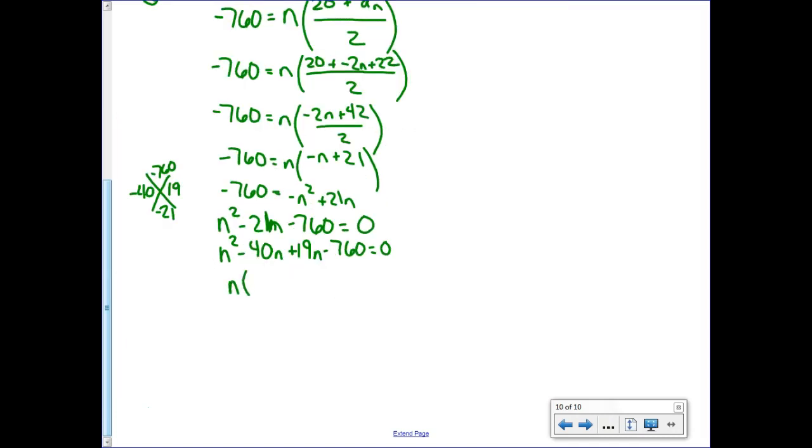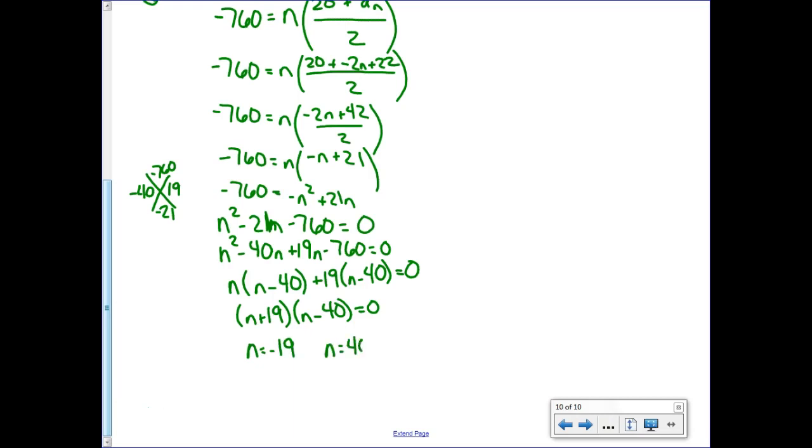So n times n minus 40 plus 19 times n minus 40 is equal to 0. So n plus 19, n minus 40 is equal to 0. So n equals negative 19 or n equals 40.